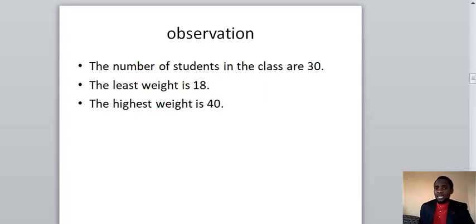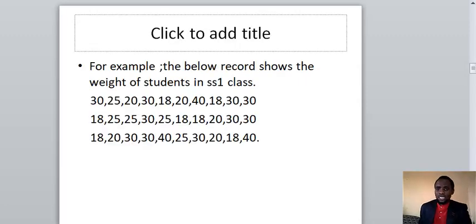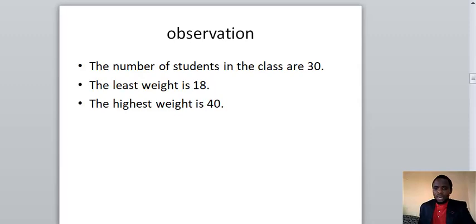Another thing we can bring out is that the least weight is 18. If you look at it, the smallest weight there is 18. Another thing is that the highest weight is 40.